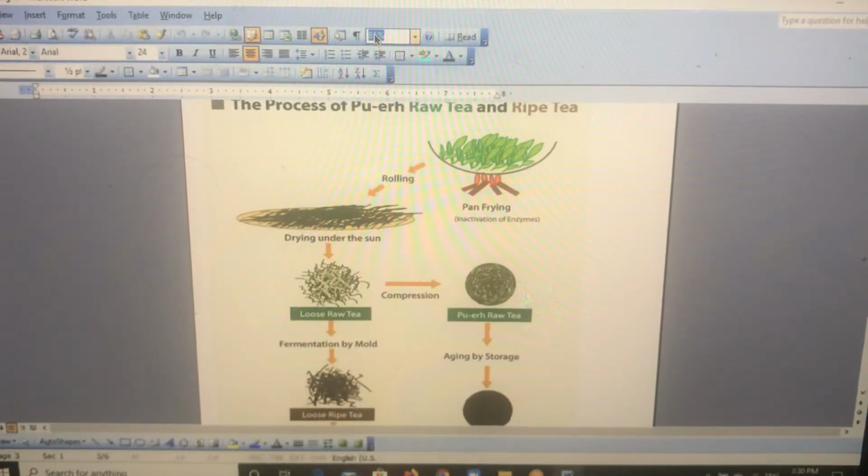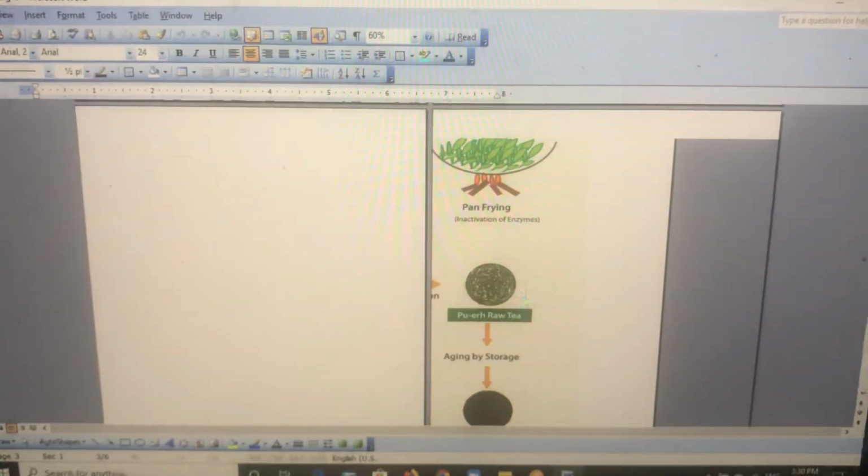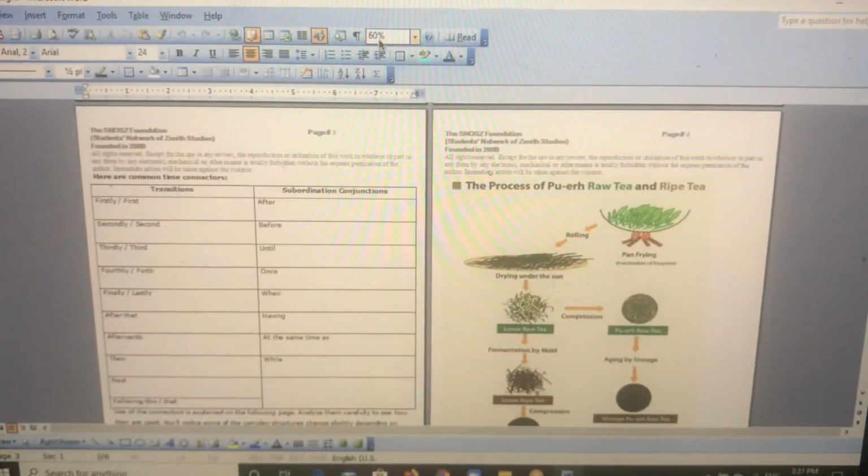Guys, can you see the full process or is some area cut? Can you see it fully? No, sir. The last two steps. Okay. Let me then. No, sir. Some area is cut. No, sir. Okay. So let me adjust it.